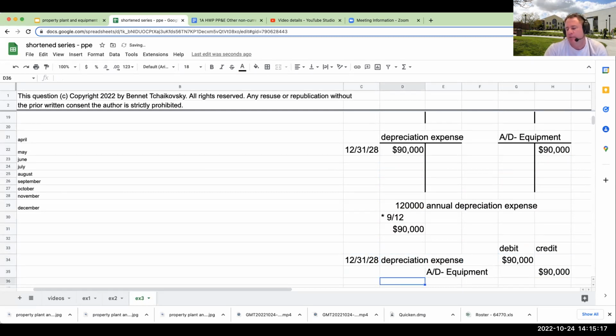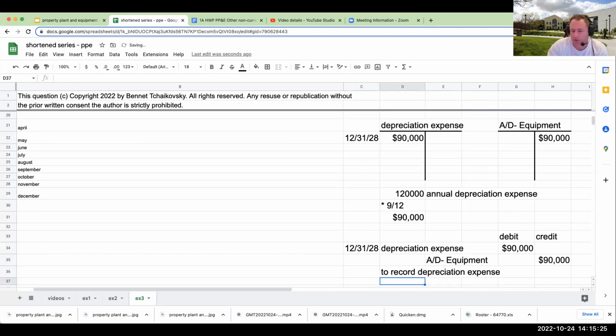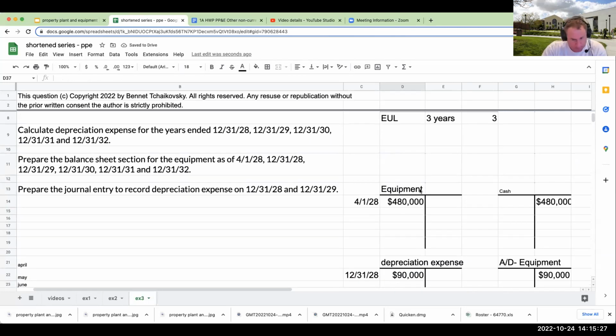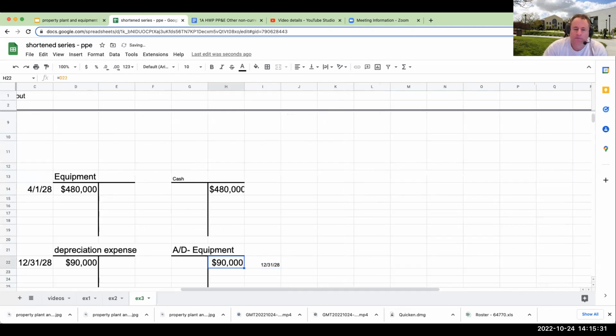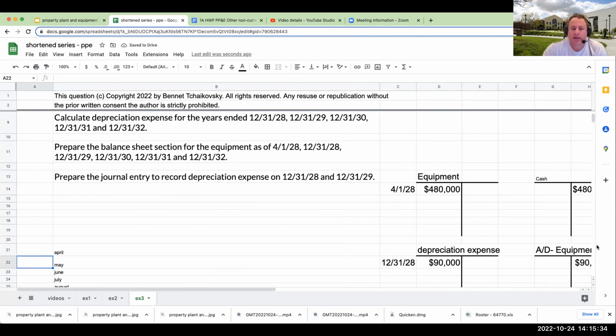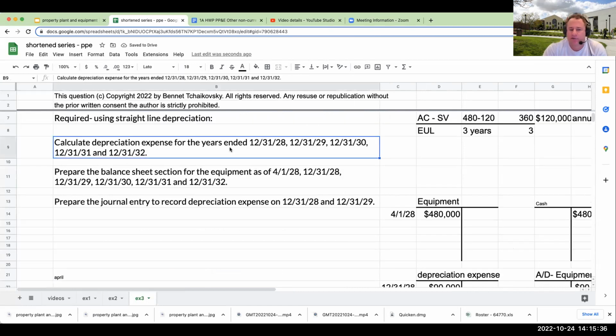The last thing I need with my journal entry is to say what this is for. This is going to be to record depreciation expense. So I've computed depreciation expense for 12/31/28.